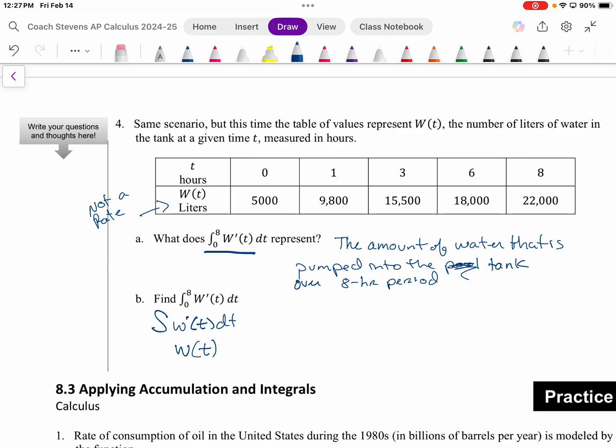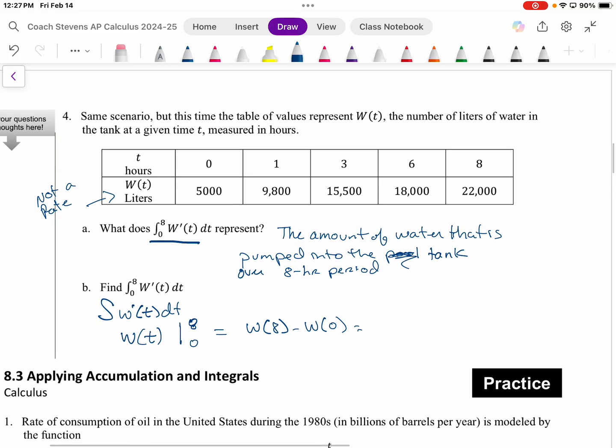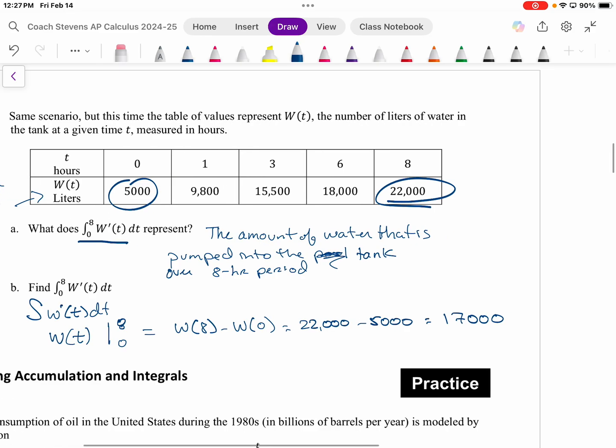So I just need to take W of T and evaluate it from 0 to 8. So I need to figure out what is W of 8 minus W of 0. Well, W of 8, according to this table, is 22,000, minus W of 0, which is 5,000, which gives us 17,000 liters.